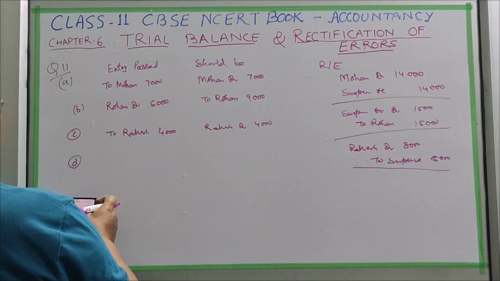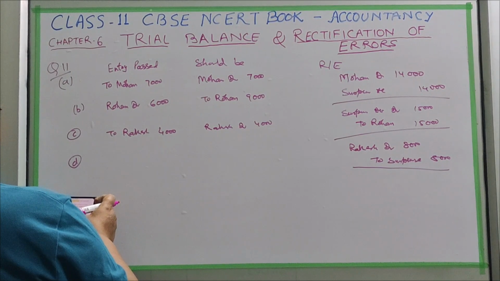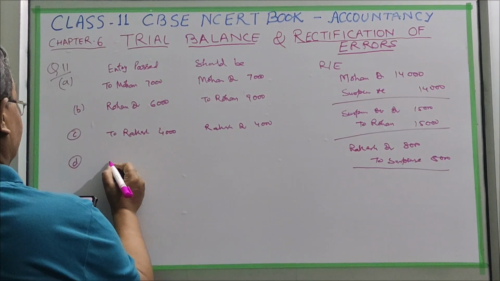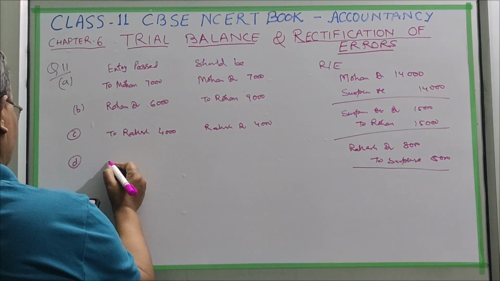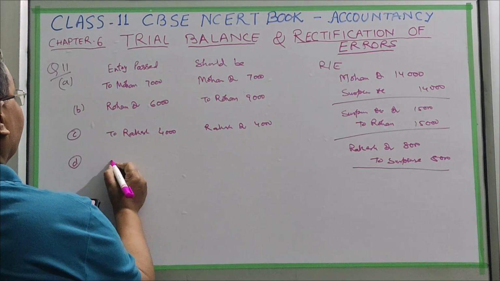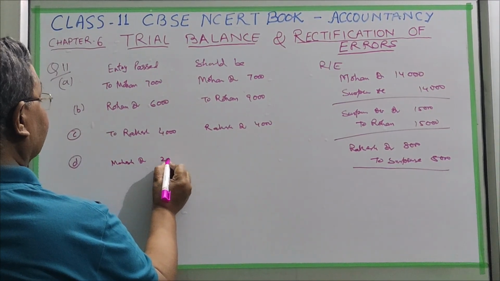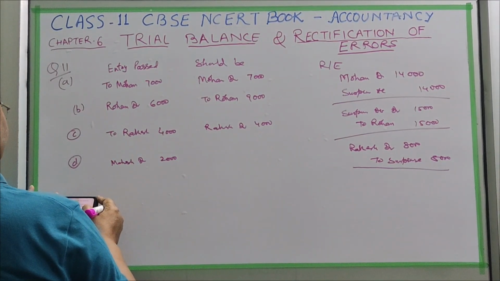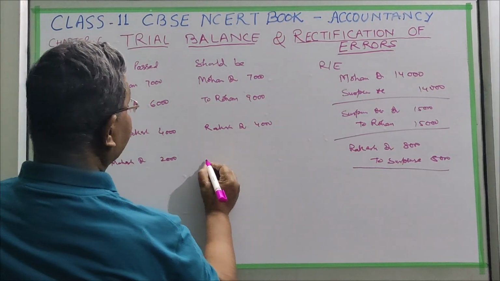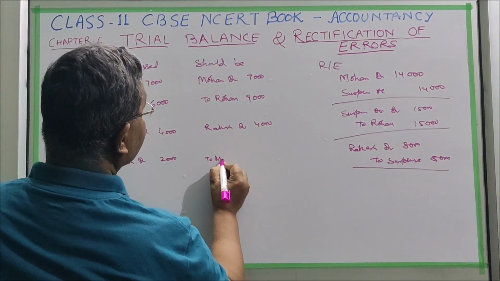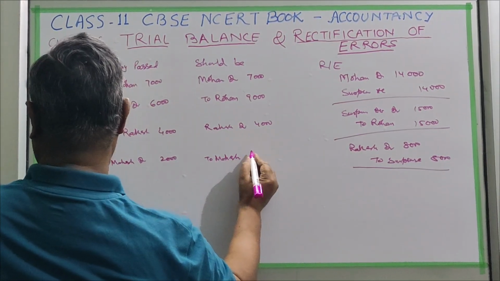Goods returned from Mahesh 1,000, posted to debit of his account 2,000. You have done Mahesh debit 2,000. And goods returned from Mahesh should have been credit to Mahesh 1,000.